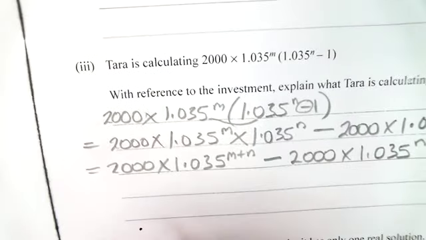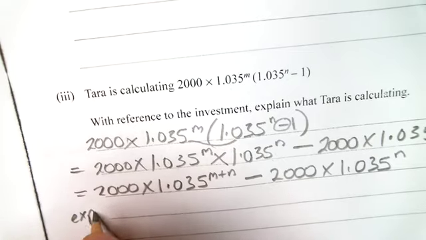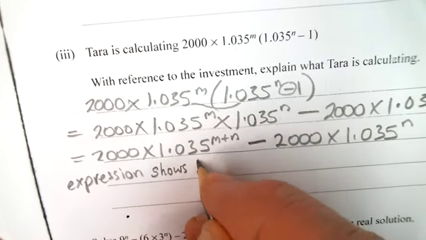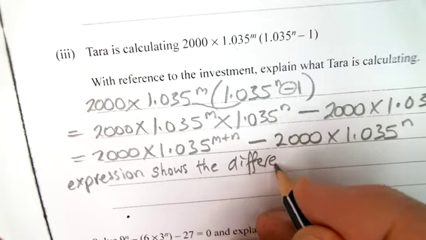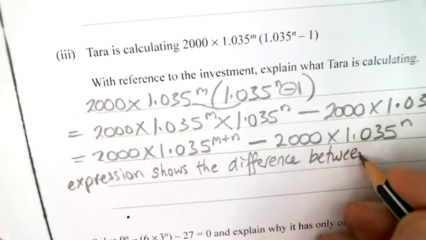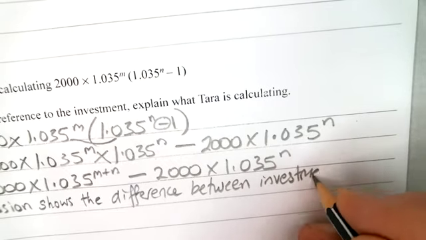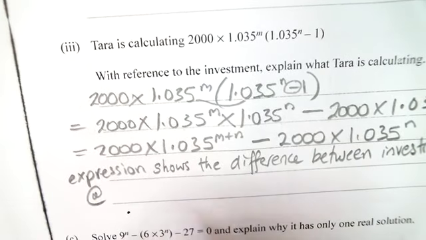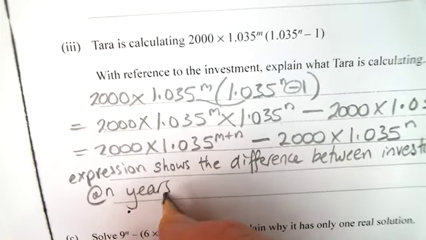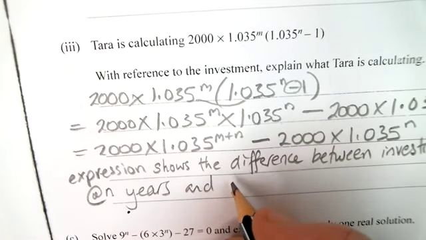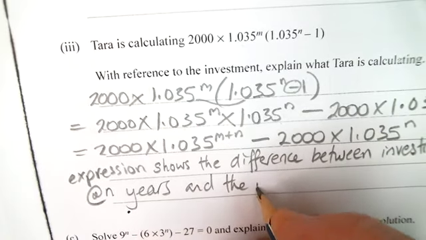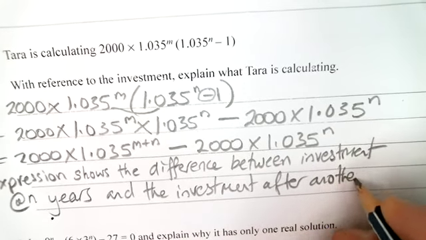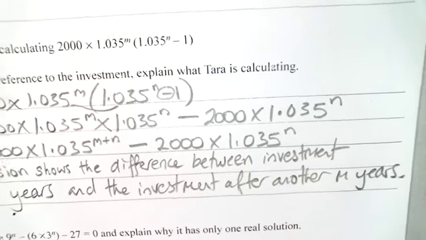So I'm going to put here: the expression shows the difference between the investment at n years, and the investment after another m years. And that's what it's doing.